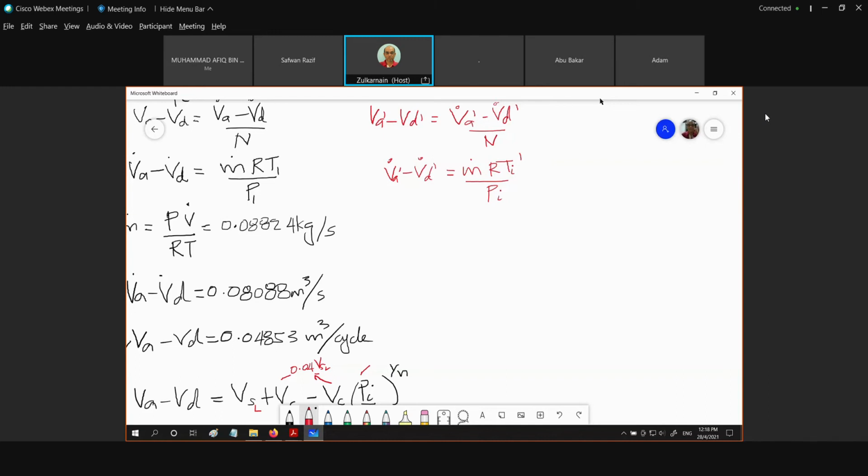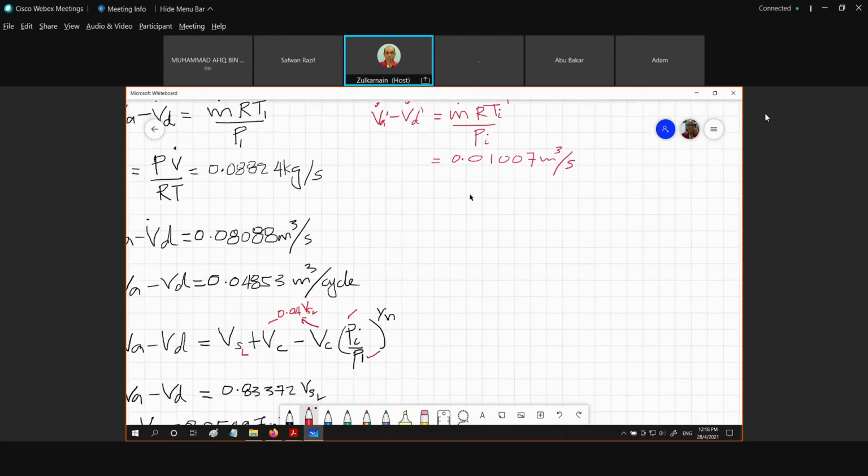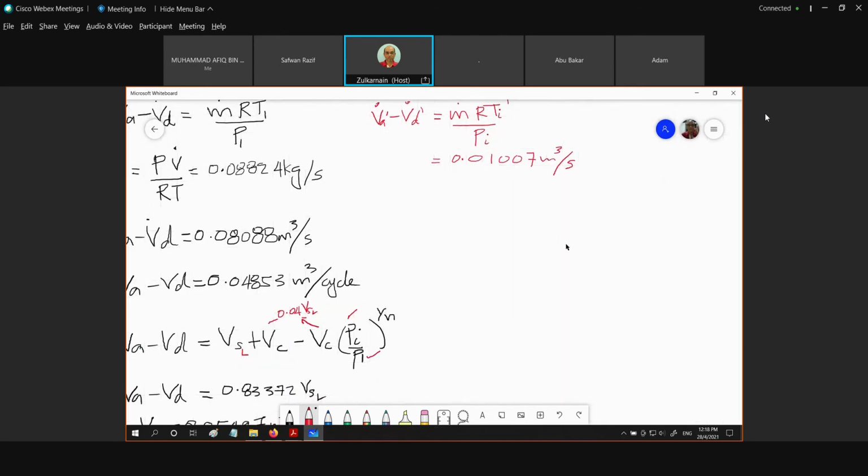There's no difference because this is a steady flow condition. So when we have all these values, right? Then we are going to have this VA dot prime minus VD dot prime as 0.01007 meter cube over second. Now we need to define the VA minus VD prime in terms of per cycle, so we divide by the speed of the compressor.